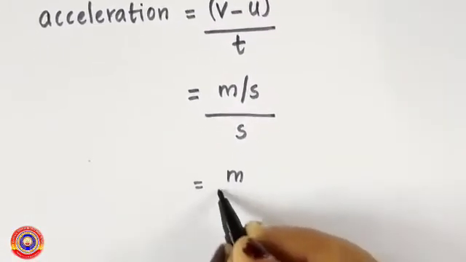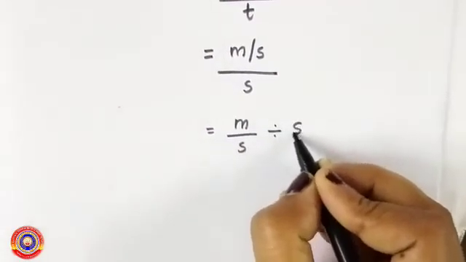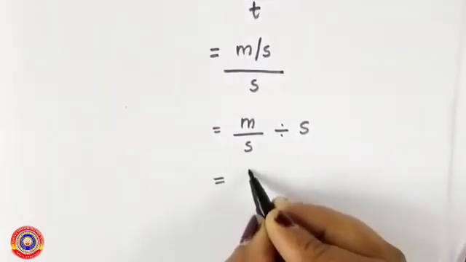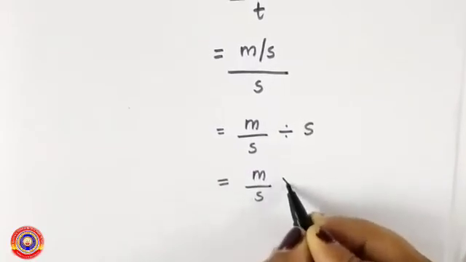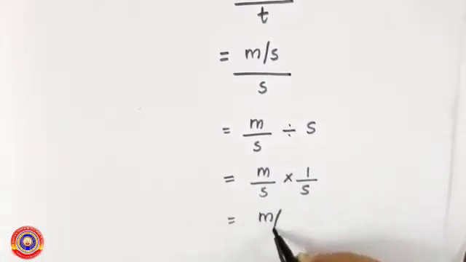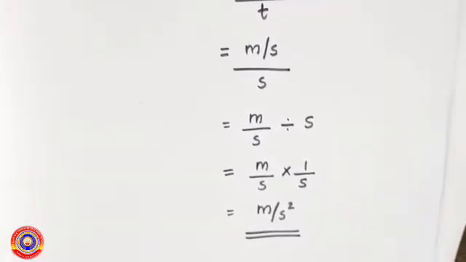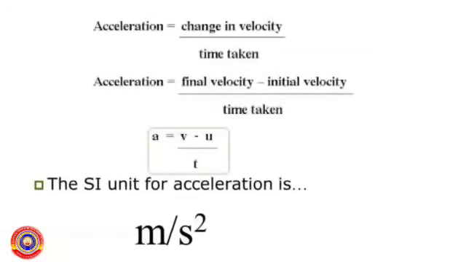So acceleration equals meter per second divided by second. That is equal to meter per second square. The unit of acceleration is meter per second square.